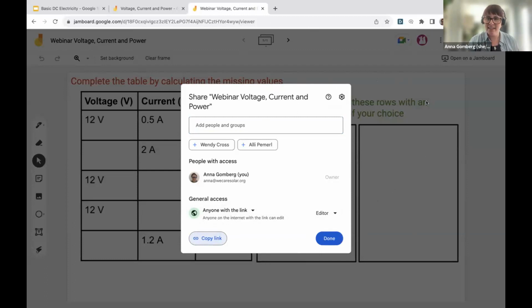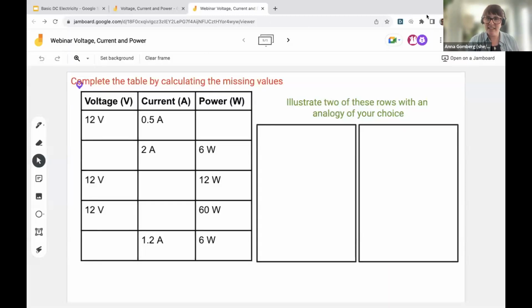Hey, Clark. Does that link work for you guys? Is it editable, the second link? Yes, it looks like it now. Okay, great. You can have a race if you want.